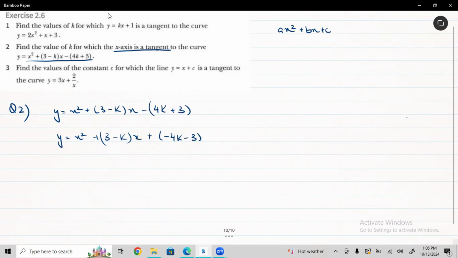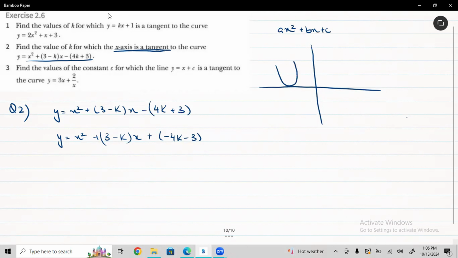Now, the second thing they have told us is that there's an intersection with the x-axis. If you visualize this graph, this is our x-axis, and a parabola would come up and touch the x-axis at this point.